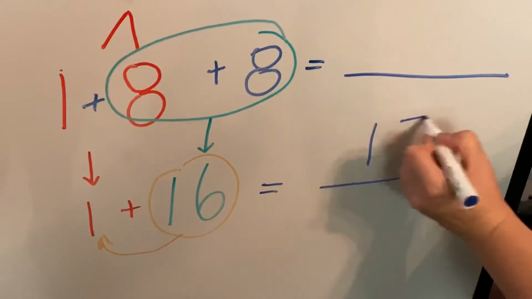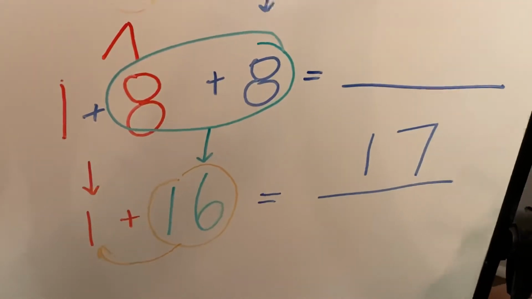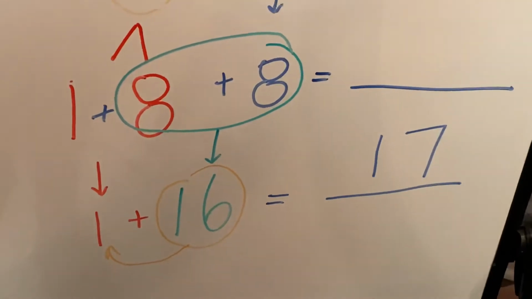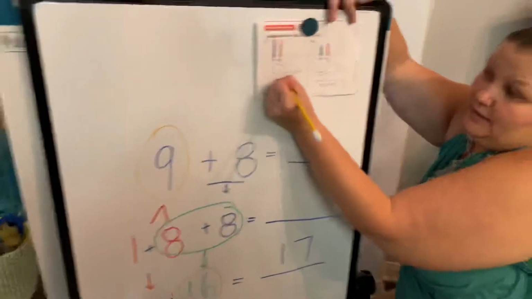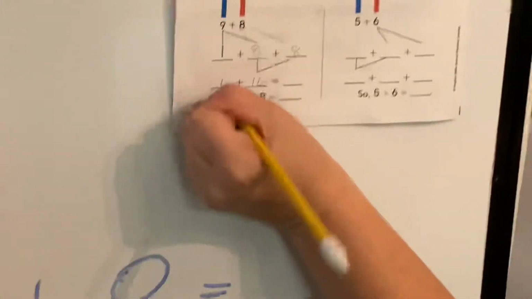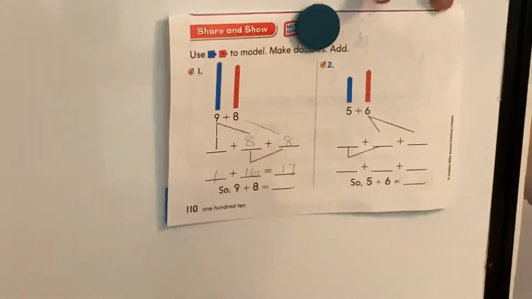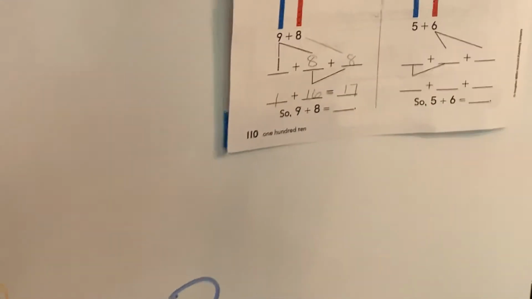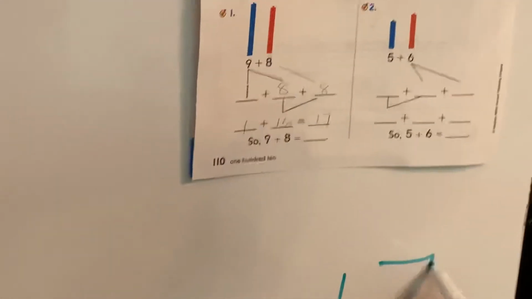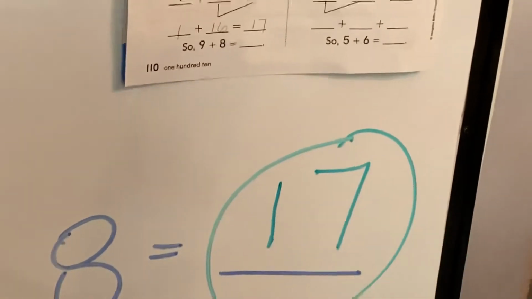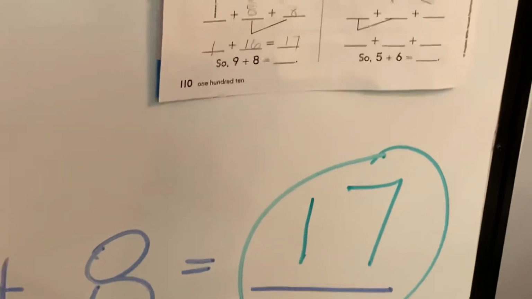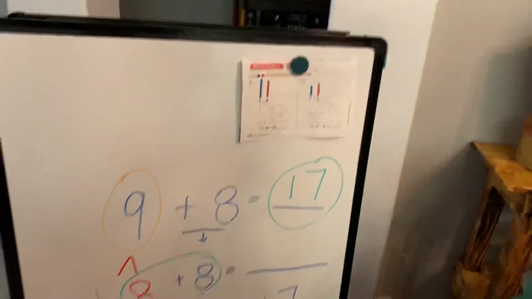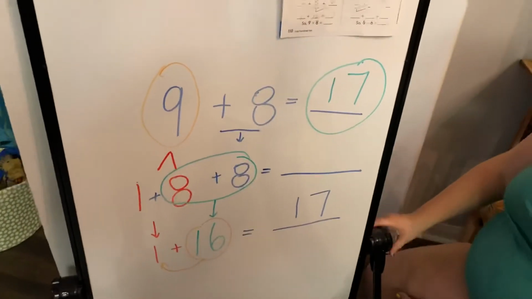So 1 plus 16 equals 17. So when we come back up here, this would be what we filled in. We had our 16 and our 1, which would equal 17. So really, 9 plus 8 is the same as 17. Did you guys see how that worked? That was a pretty long process for one problem, don't you think?